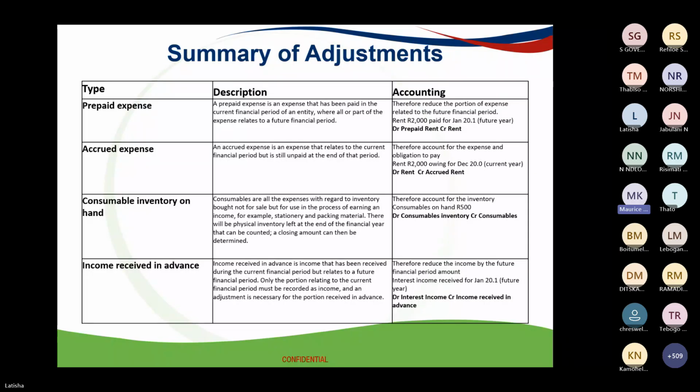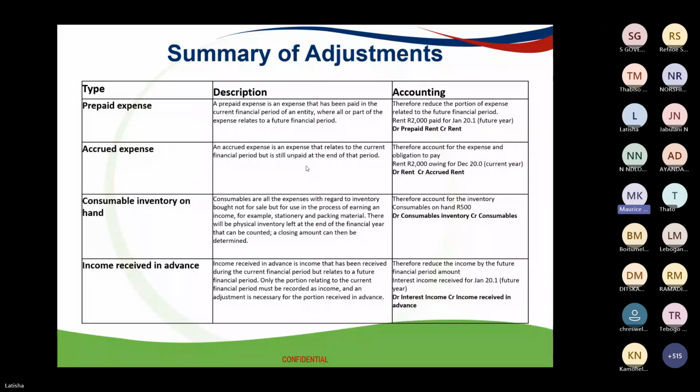So how do we adjust that? We adjust that by debiting the portion that has not been paid but has been realized and crediting the accrued expense. So that is the exact opposite of what happened on the first one.